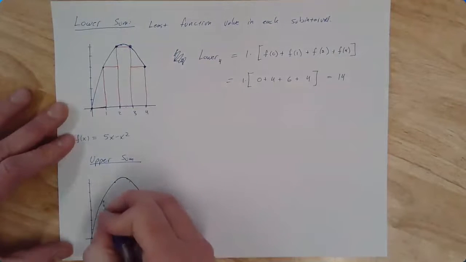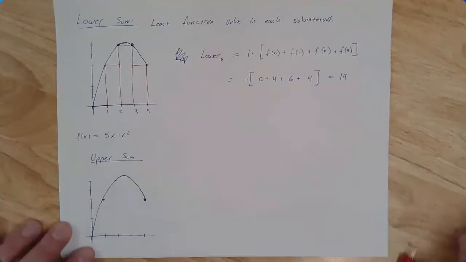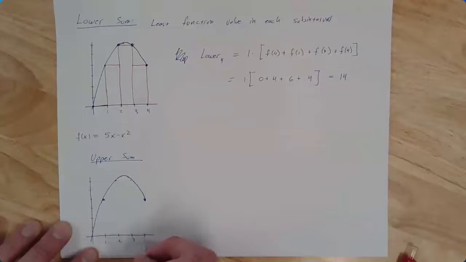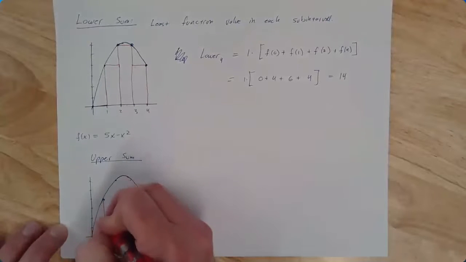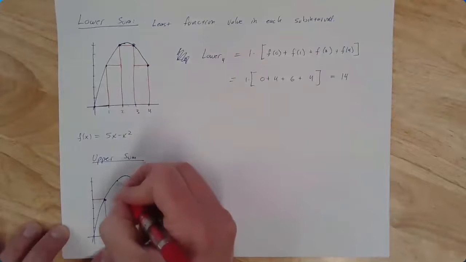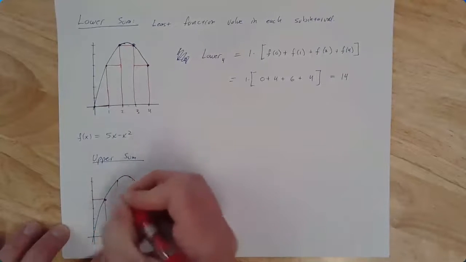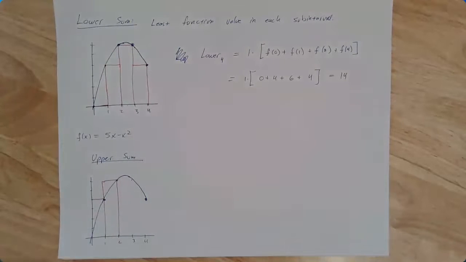Okay, so now if I want to find the upper sum, well, in this first interval from 0 to 1, the right endpoint is going to give me the highest rectangle. In the second interval, this right endpoint is going to give me the highest rectangle. But in the third subinterval, it happens to be the midpoint because that's where the vertex is. So the vertex of this parabola does occur at x equal to 5 halves.